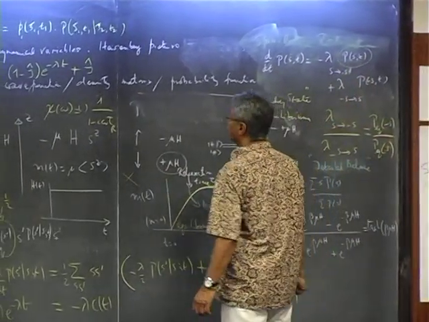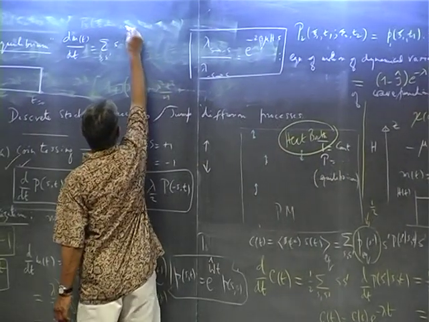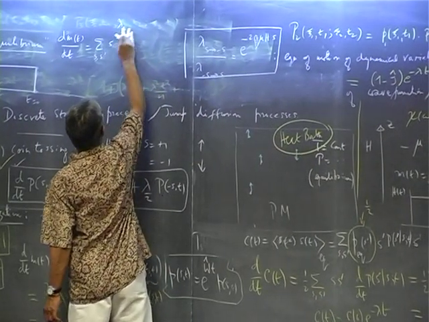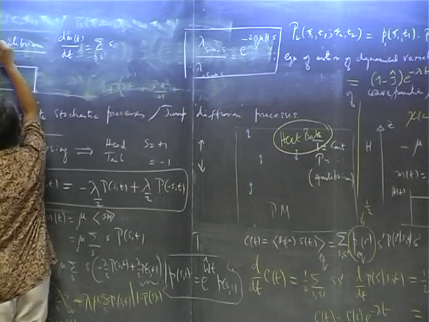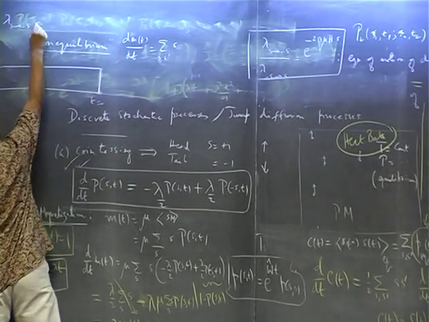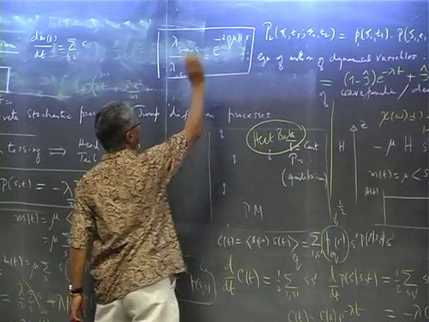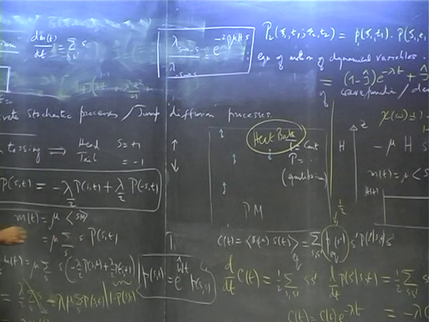Now it makes sense to say that I can write lambda s going to minus s as though it depends only on the equilibrium probability of the state that is reached afterwards, that is minus s.